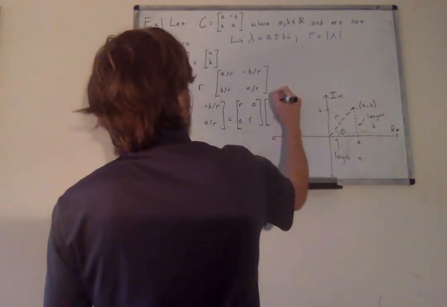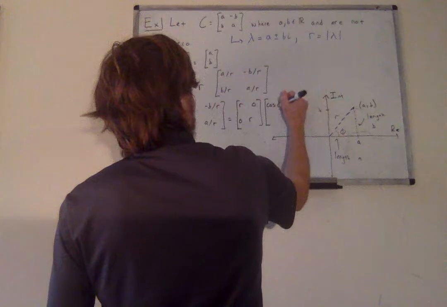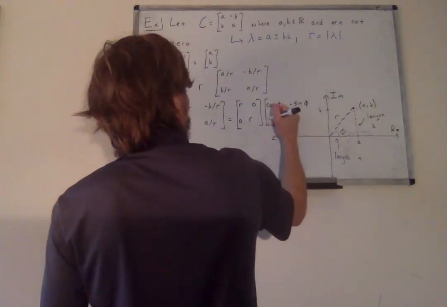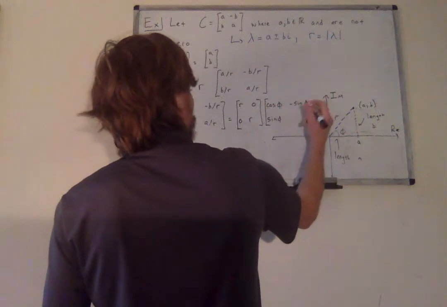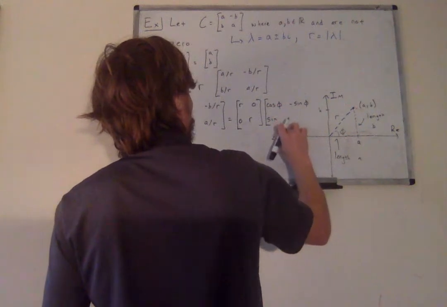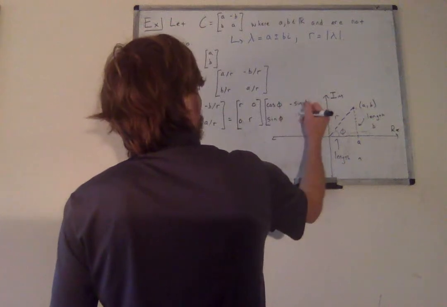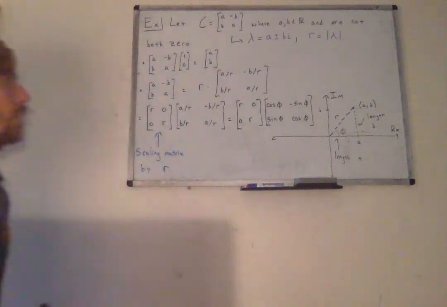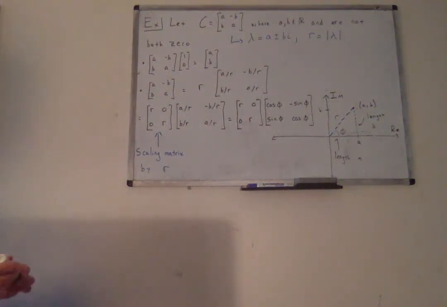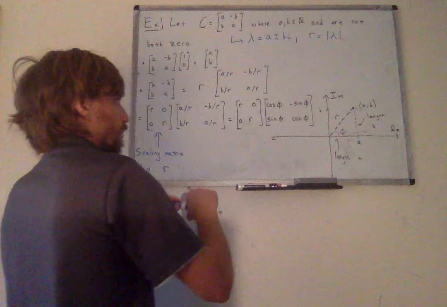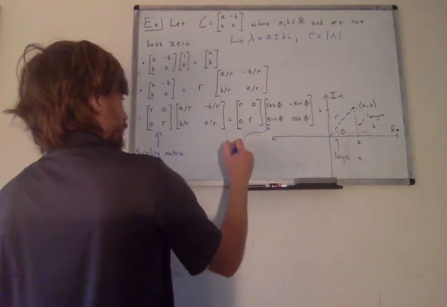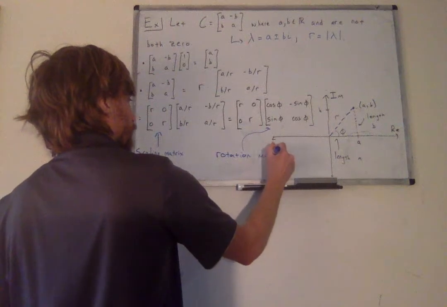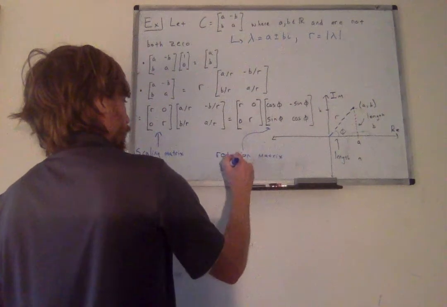This is the product of a scaling matrix and a rotation matrix, rotating by phi. And if you go back to section 1.9, this is a rotation matrix by phi.